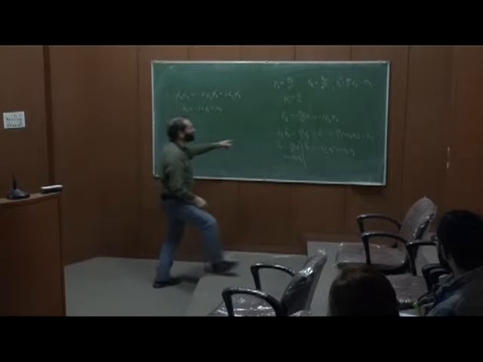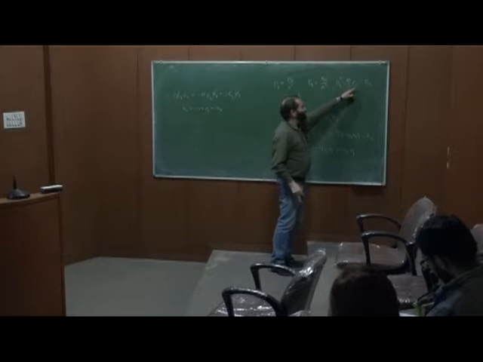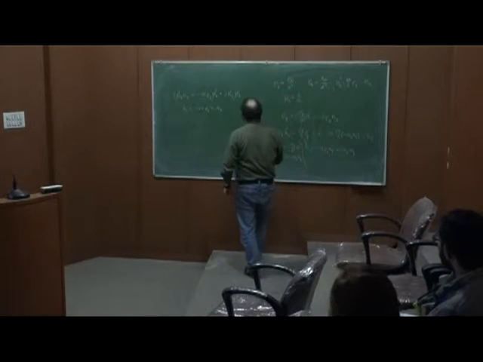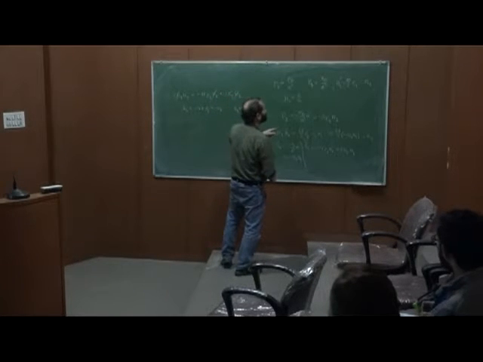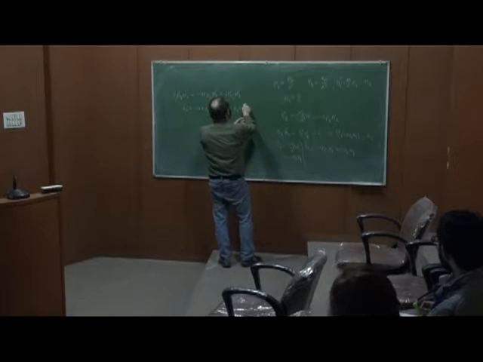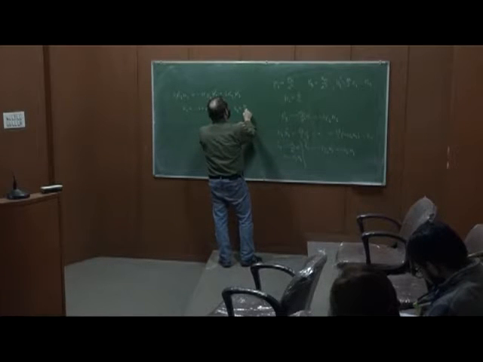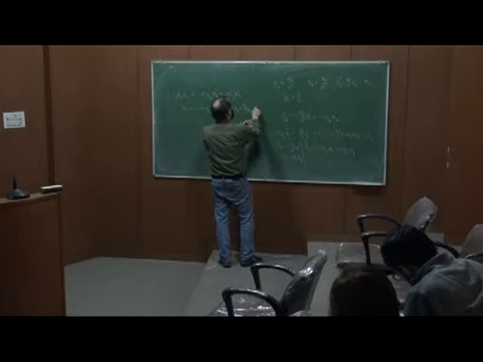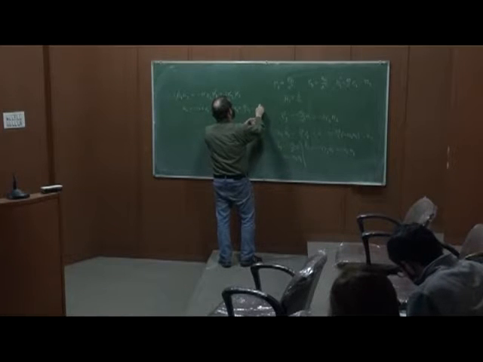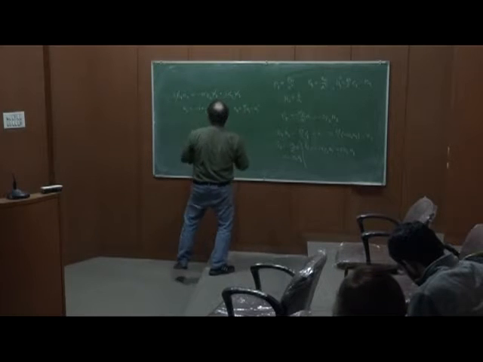But we also know that kq can be obtained from here. We also know that kq is going to be 8 pi by 3 rho q minus hq squared, right? So we just substitute all this.